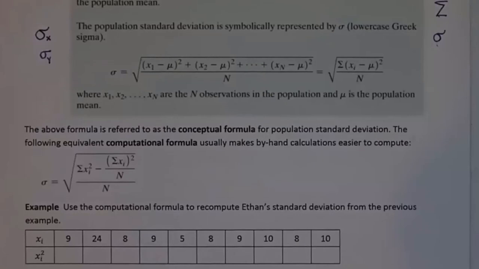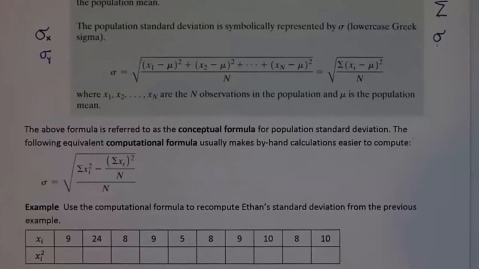It turns out that if you had to do all of this by hand, and you didn't have technology to do these calculations for you, there is actually an easier computational formula that can be used. Now, in this class, once I show you a couple of examples, as a general rule, we're going to use technology.